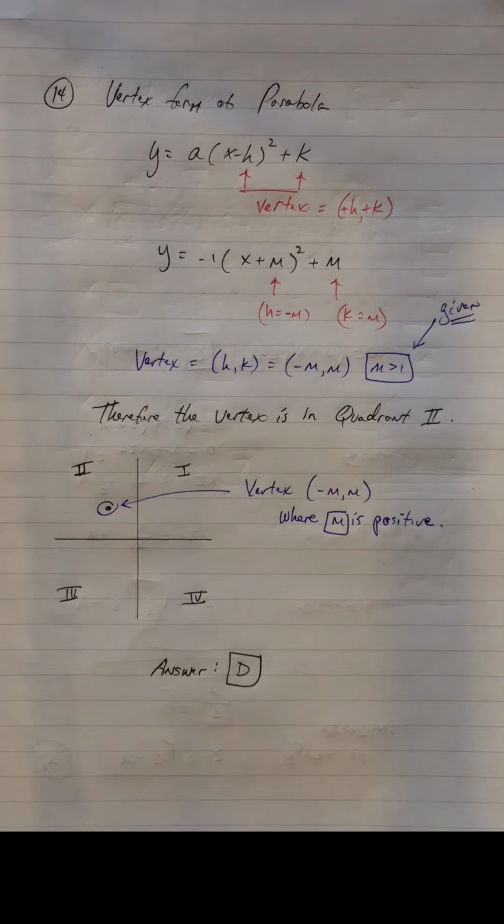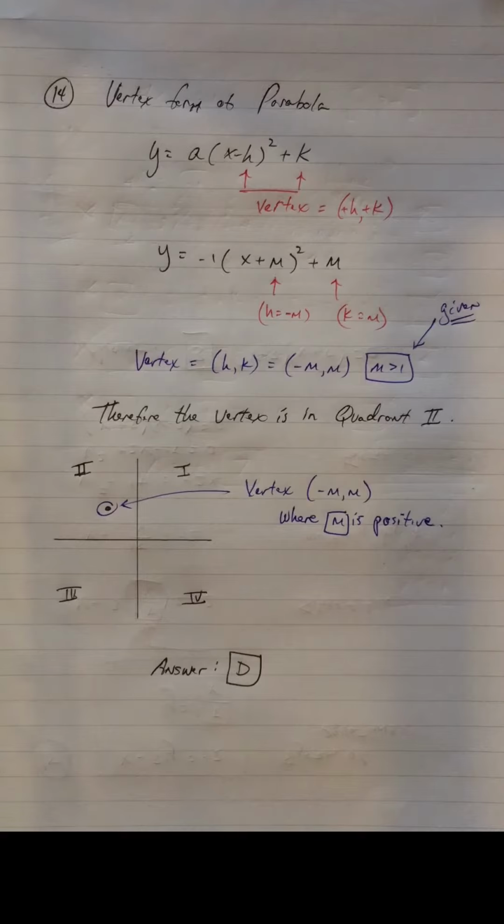Question 14. The vertex form of a parabola is y equals a times x minus h squared plus k. The vertex is located at the point (h, k) on the coordinate plane. What's given is that y equals -1 times (x plus m) squared, plus m.